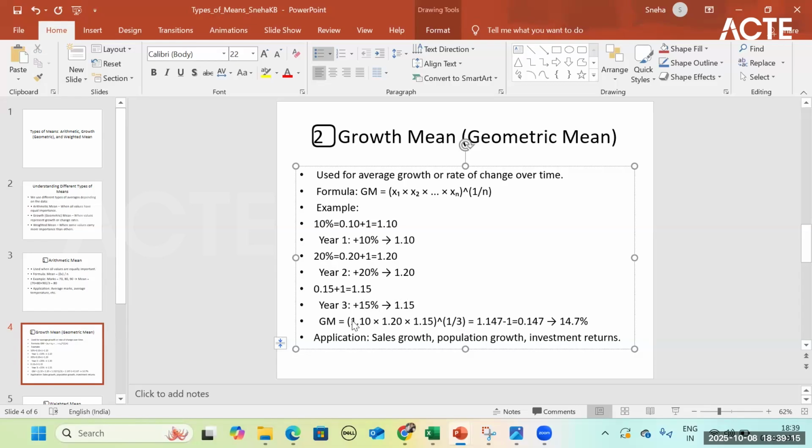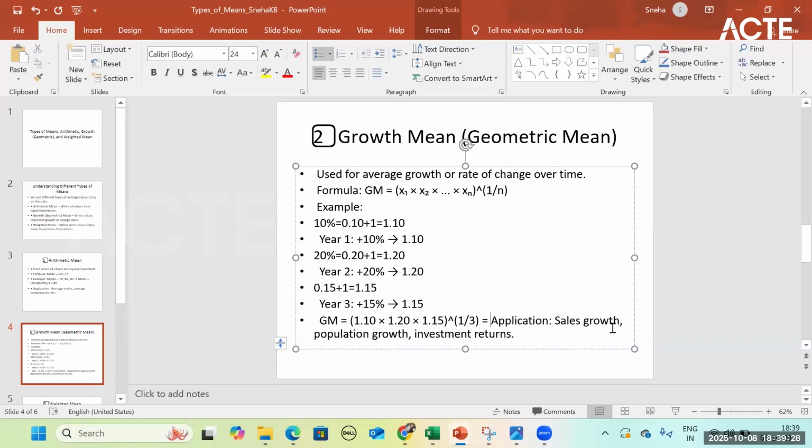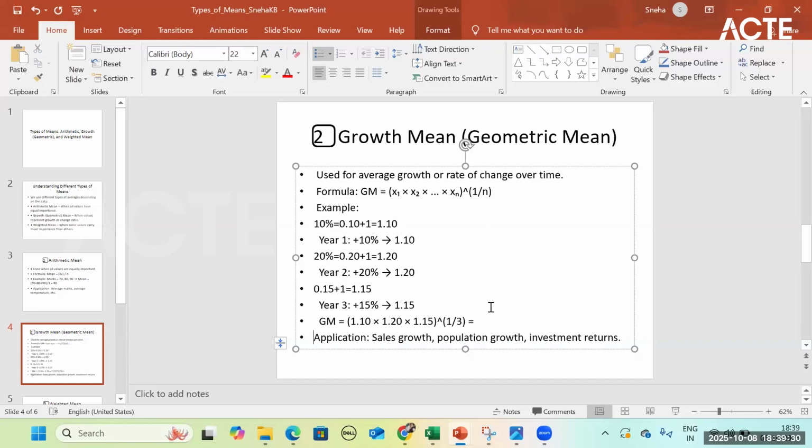So I will do the multiplication of all these 3. Can you calculate this value? Can you give me the calculated value? Only for this.